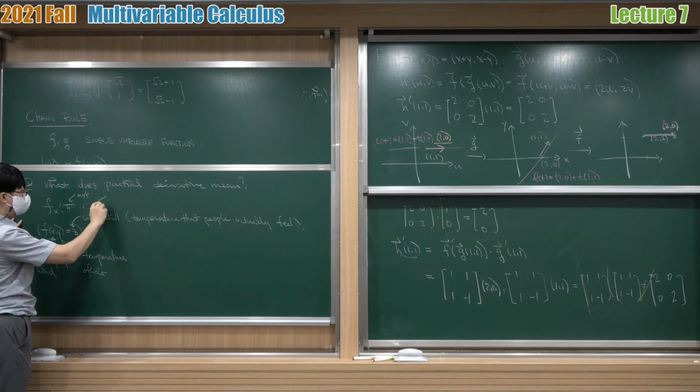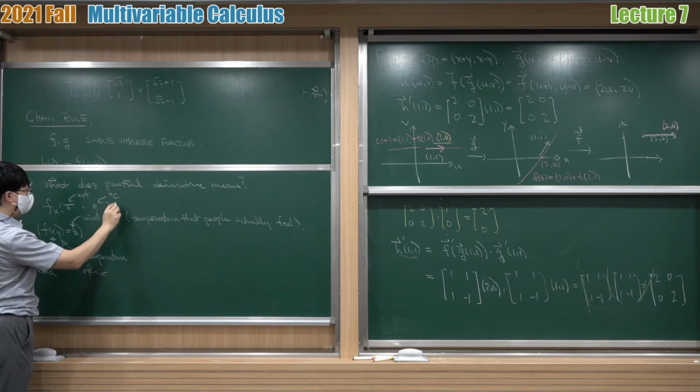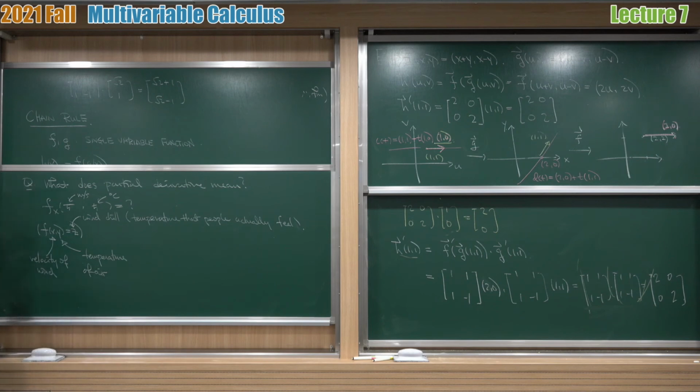Okay, good one. So what does this mean? Let's say we have a value at 5,5, which means I'm taking a measurement when the velocity of wind is 5 meters per second and the temperature of air is 5 Celsius degree.